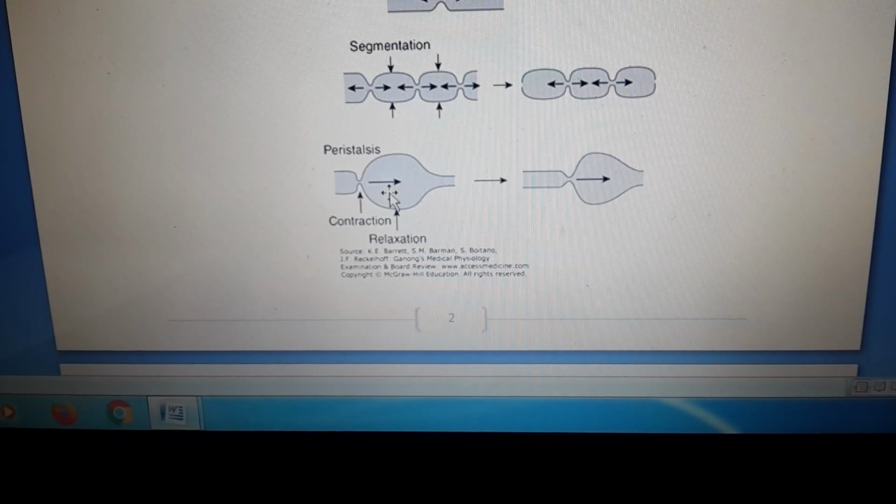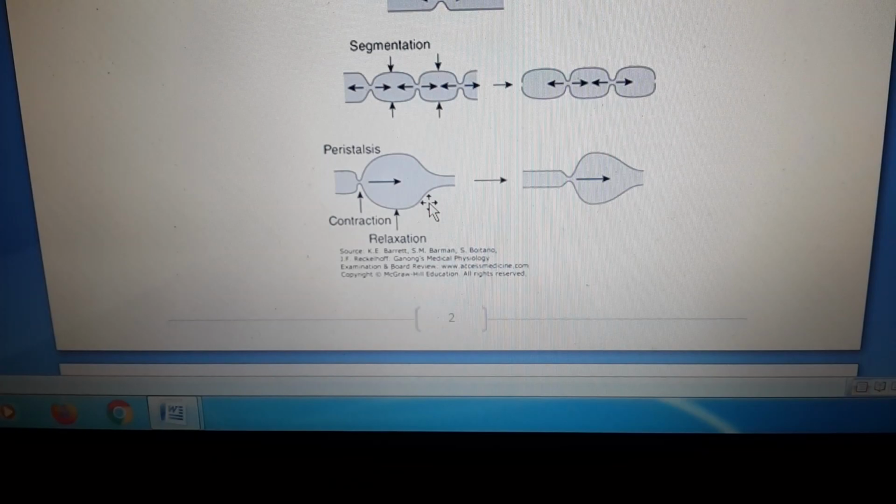The adjacent segments contain smooth longitudinal muscles. Their contraction and relaxation help the unidirectional forward movement of the food bolus.